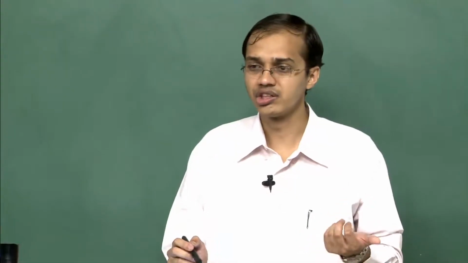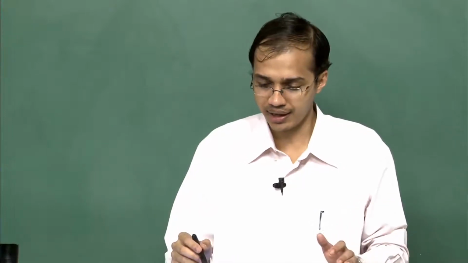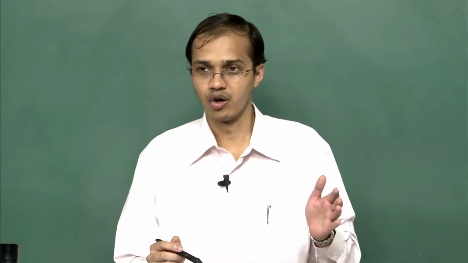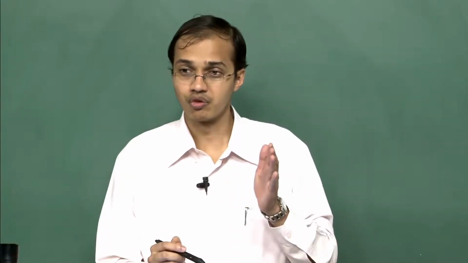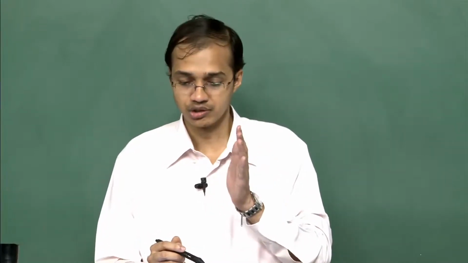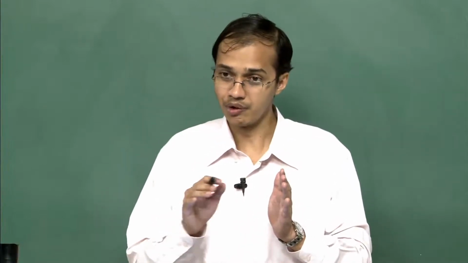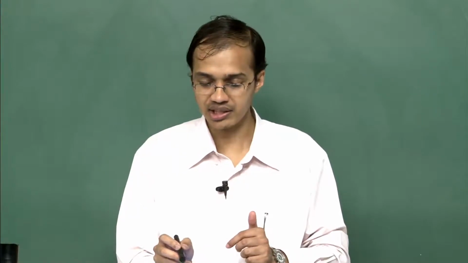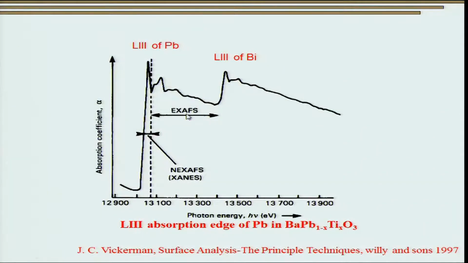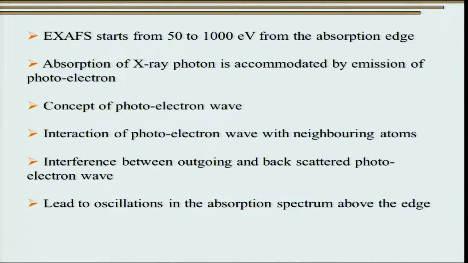As a rule of thumb, it is generally considered that at an energy of the order of 100 electron volts from the absorption edge, XANES is valid, while beyond say 50 to 100 electron volts, extended X-ray absorption fine structure is valid. So, as I had mentioned, EXAFS starts from 50 to 1000 electron volts from the absorption edge.